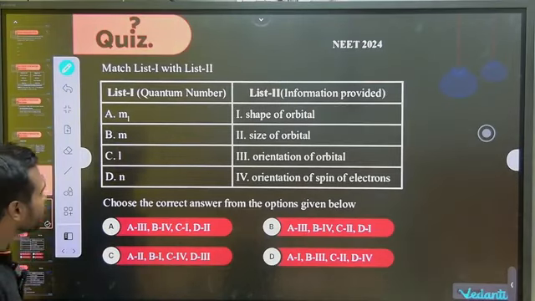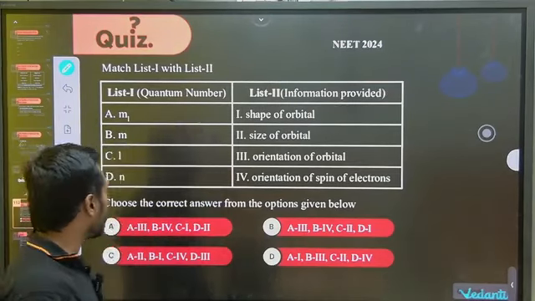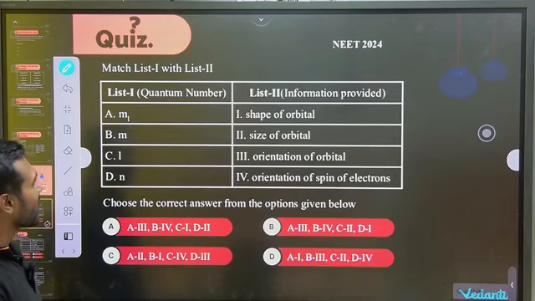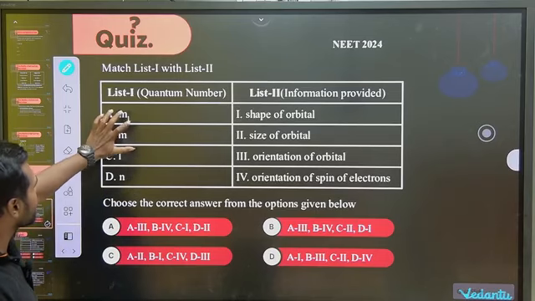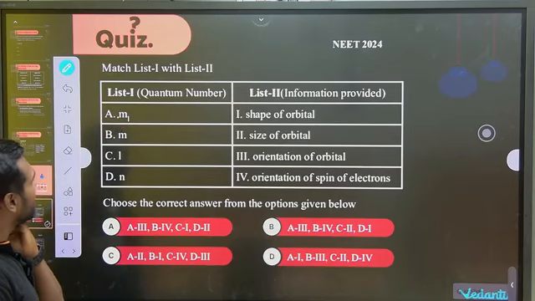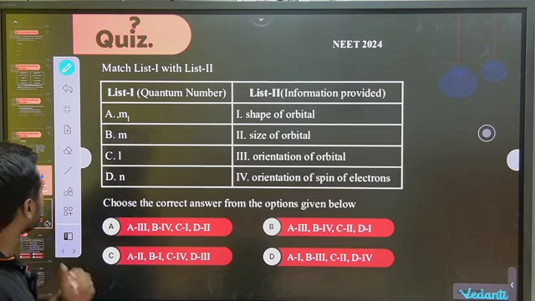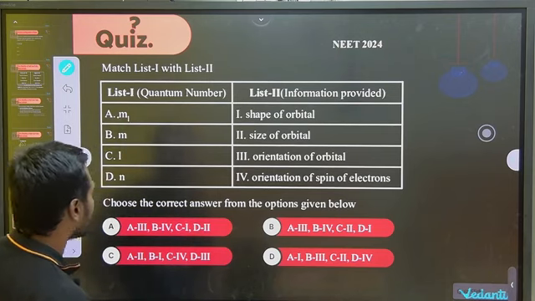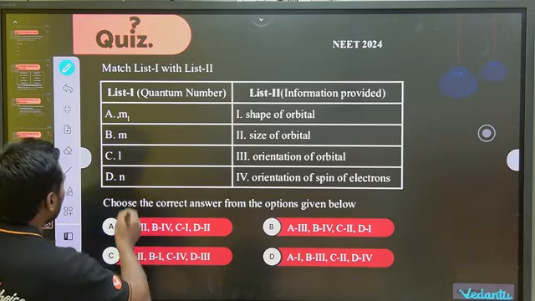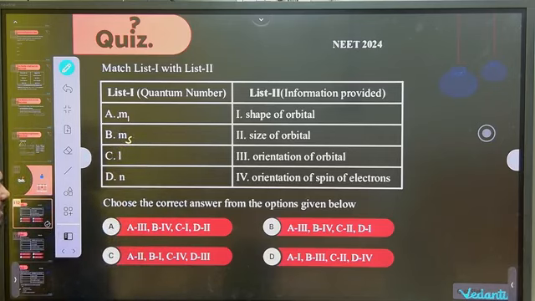So we'll solve a few questions here. Just now we said n explains the size of the orbit, l explains the shape of the orbital, and ml, the magnetic quantum number, explains the orientation of the orbital. ms, the spin quantum number, is the orientation of spin, that is A3 and B4.